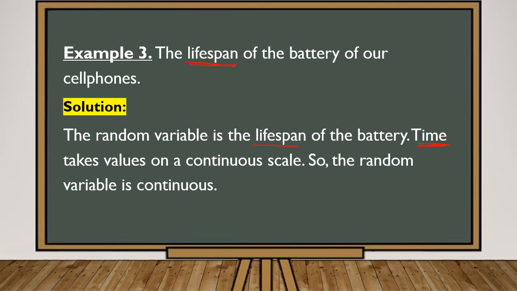So the time, as in our previous examples, takes values on a continuous scale, because the lifespan of your battery can be 2 months, 3 days, 5 hours, 2 minutes, 60 seconds, 50 milliseconds, 8 nanoseconds, and so on. So the random variable is continuous. If it is time, it is continuous. But if you're asked time in years, then it is already discrete.